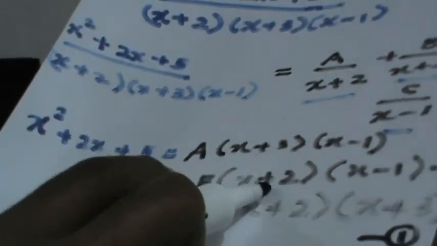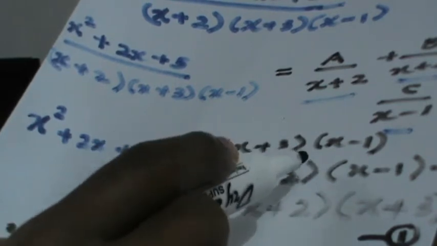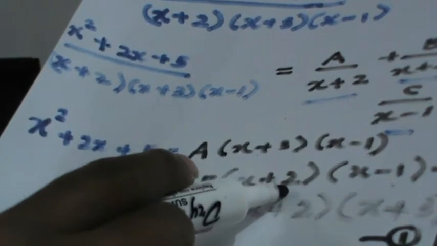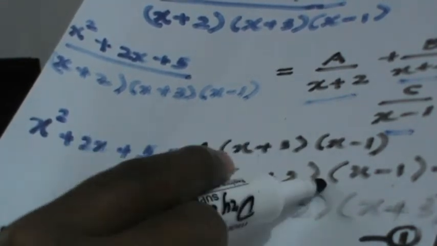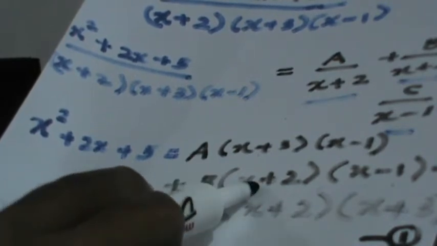When I multiply x + 2 by x − 1, what I get is x² + x − 2. So I get plus x here, and that plus x is multiplied by plus b, so that will be plus bx. So my coefficient of x is plus b, so I add b here.